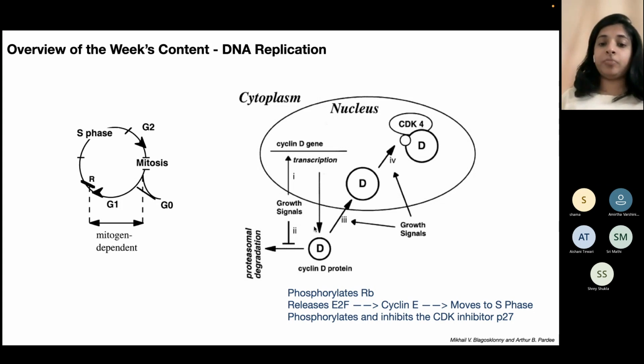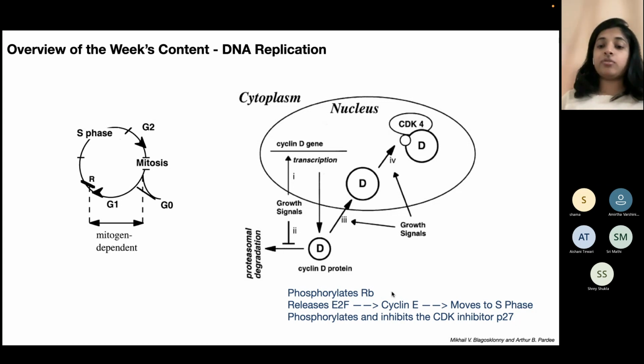Cyclin D will then be transported into the nucleus, where it will form a complex with CDK4, and this active cyclin and CDK complex will further carry out downstream activities, including phosphorylation of the protein known as RB, which releases the transcription factor E2F.